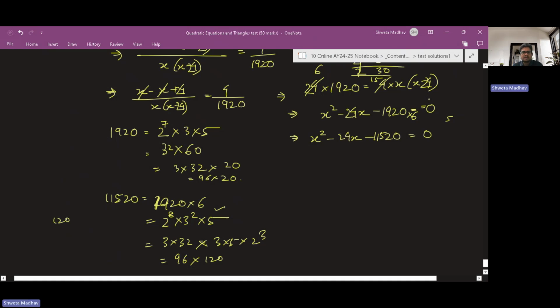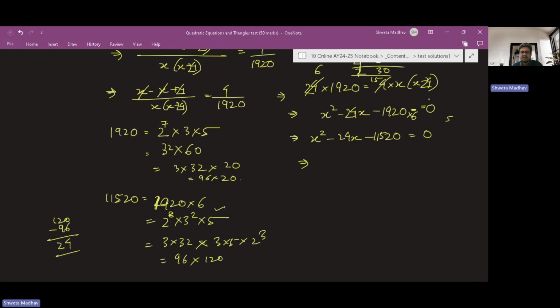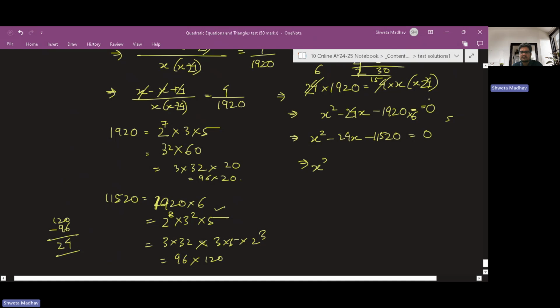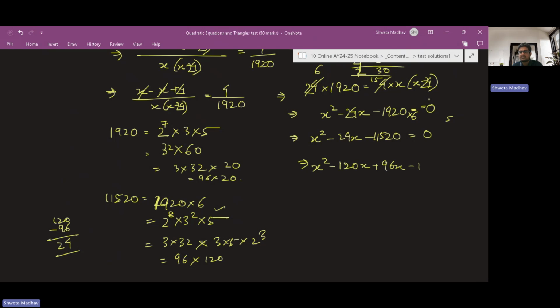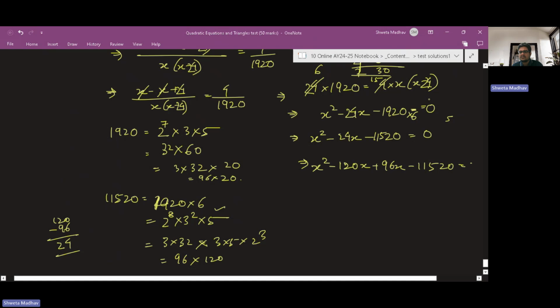Since 120 minus 96 gives us 24, we have to split this into minus 120 and 96. So this will be x square minus 120x plus 96x minus 11520 is equal to 0.